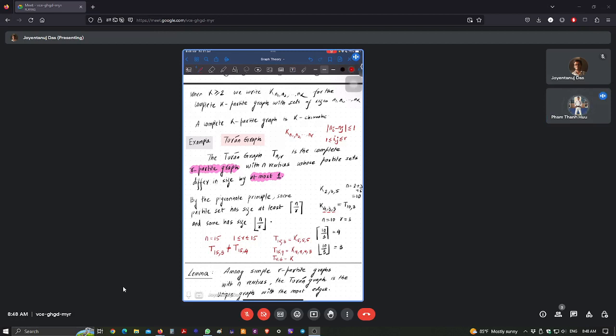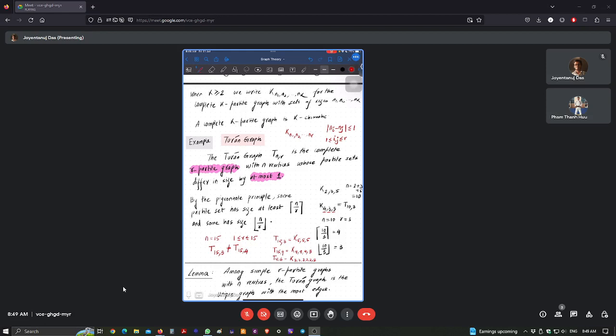Let me think about this one. 15 divided by 6 is 2 point something, right? So it is 3 comma 3, then 2 comma 2 comma 2, and one more 3, making 6 parts.